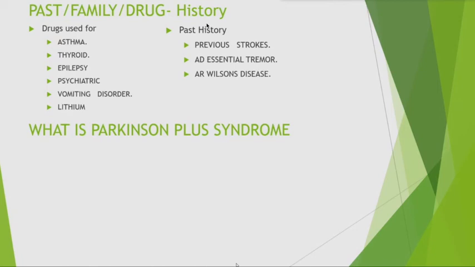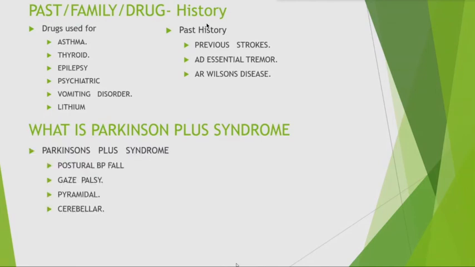Sir, multiple system atrophy, progressive supranuclear palsy, corticobasal syndrome. Parkinson plus syndrome. So look for postural fall, gaze palsy, pyramidal signs. In these situations, you are suspecting Parkinson plus syndrome. So these are the pointers towards Parkinsonian plus syndrome.